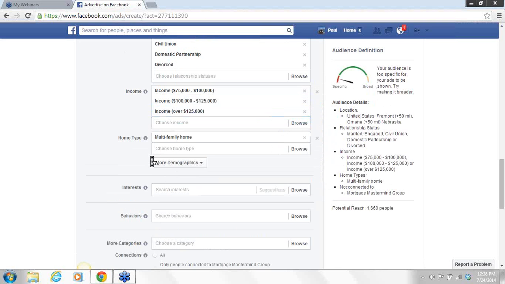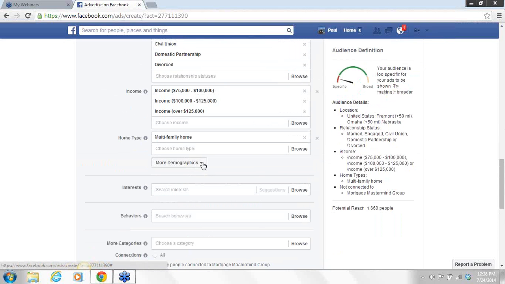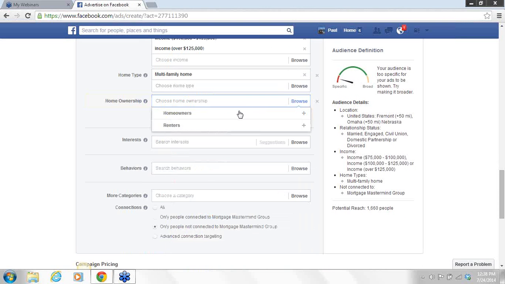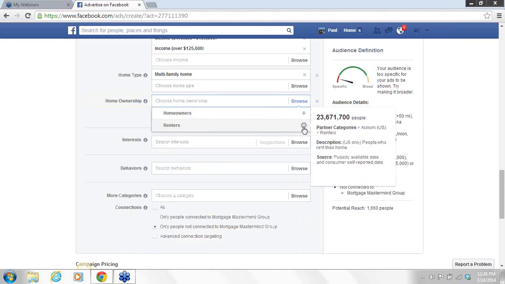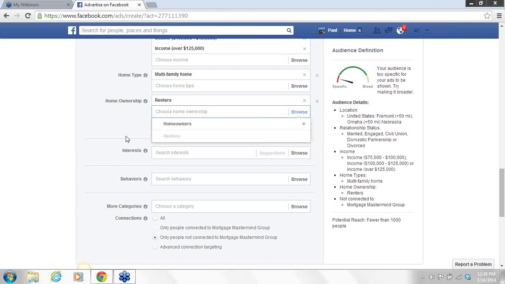You can also target by home ownership. Do they own their own home, or are they renters? I don't want to get my ad in front of people that already own their own home because, well, they already own a home. Maybe I could do a refinance for them, but I'm looking for purchase leads on this.